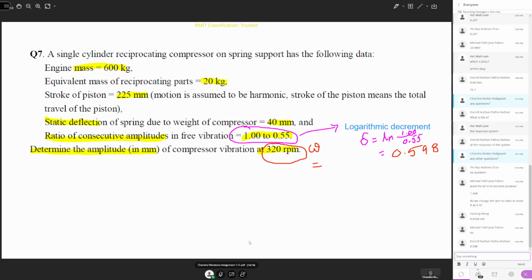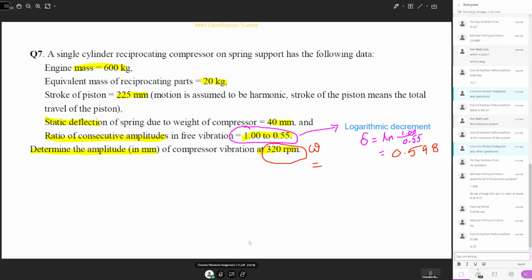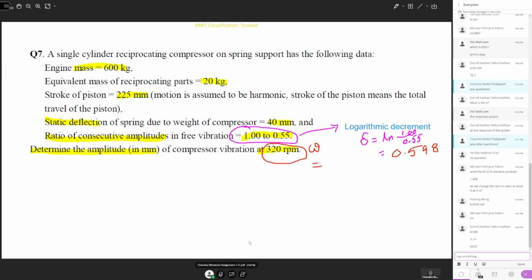That will be 320 into 2 pi over 60. Can someone tell me what will be the omega in radians per second? 33.51 radians per second.